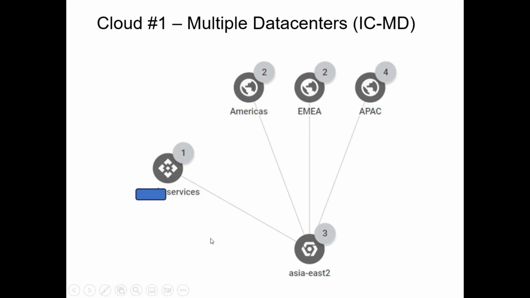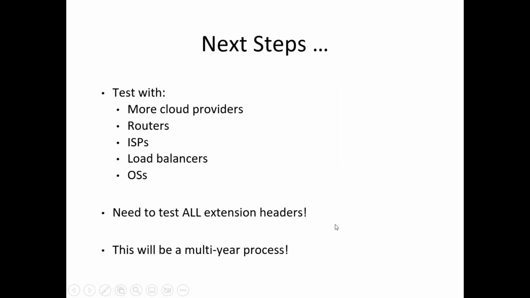Of course, the cloud provider has multiple data centers, and we do not know what would happen if we got a cloud address at a different data center. That is one of the things that we would like to test.